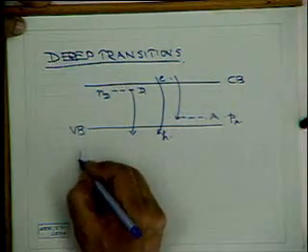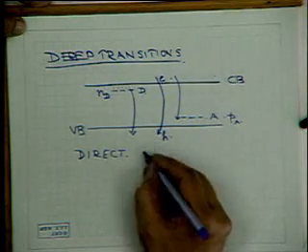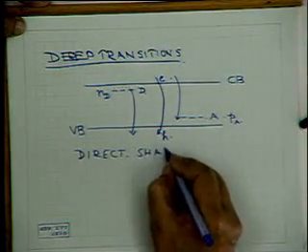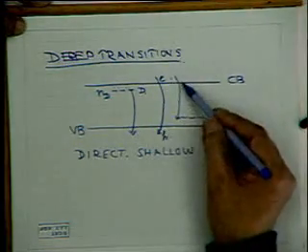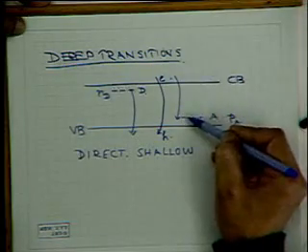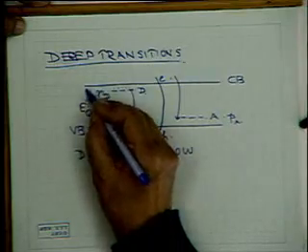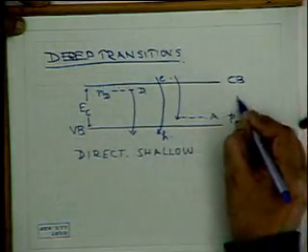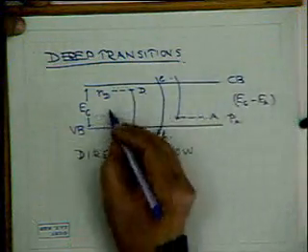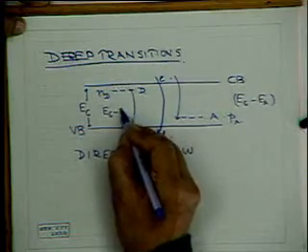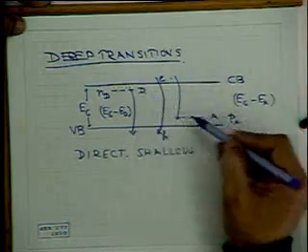Calculations have been done for direct gap. Remember, the transitions are deep, almost near the band gap. For example, this energy will be just Eg minus Ea, right? And here it will be Eg minus Ed. But the levels themselves are shallow. These are shallow donors and shallow acceptors.